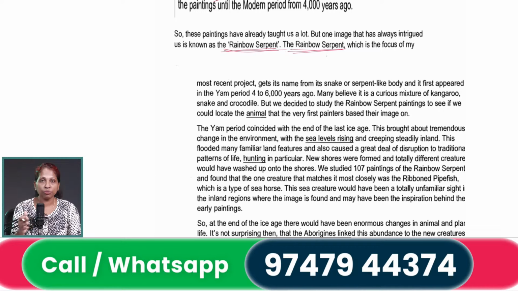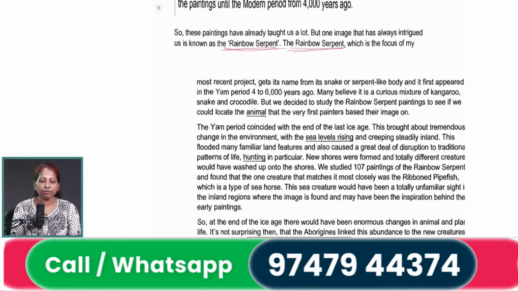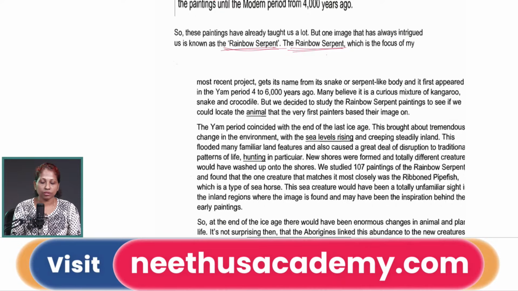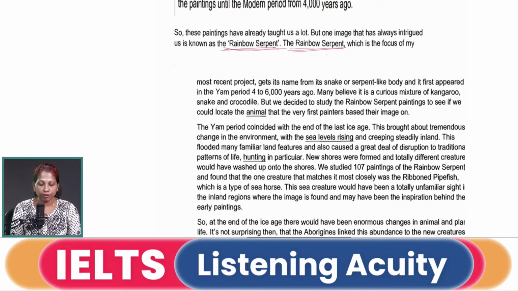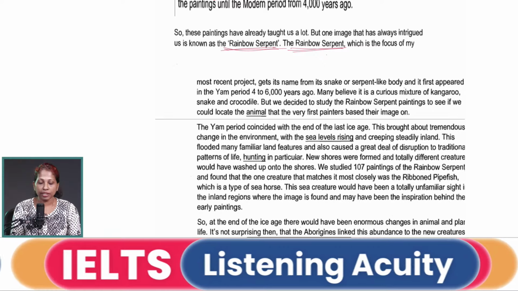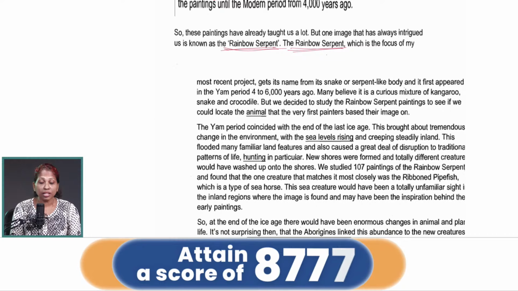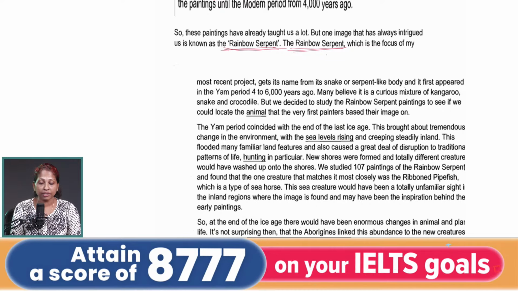Like I told, the questions will be in the order of the audio. In the yam period, 4 to 6,000 years ago, many believe it is a curious mixture of kangaroo, snake and crocodile. But we decided to study the rainbow serpent paintings to see if we could locate the animal that the very first painters based their image on.